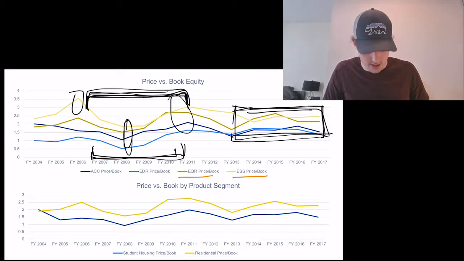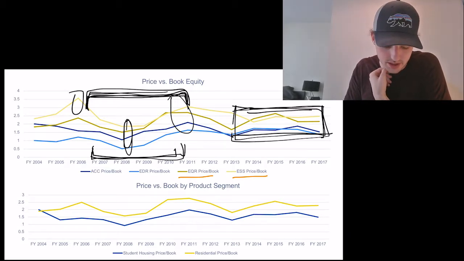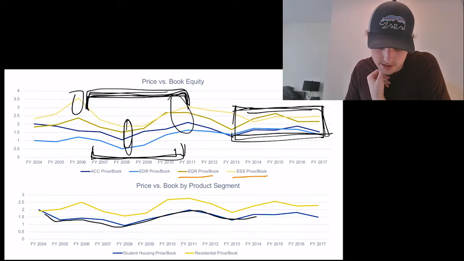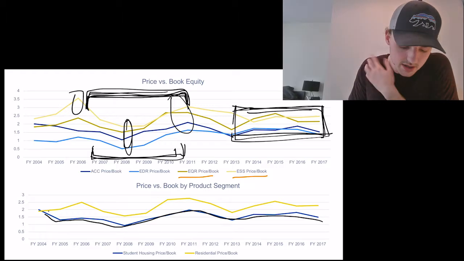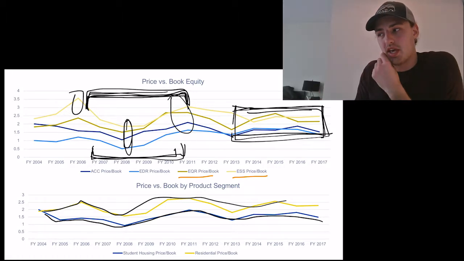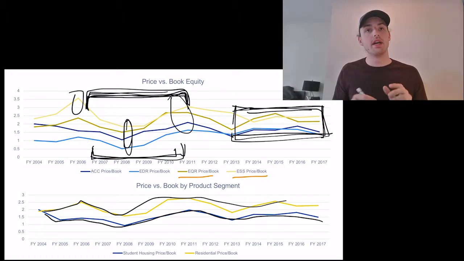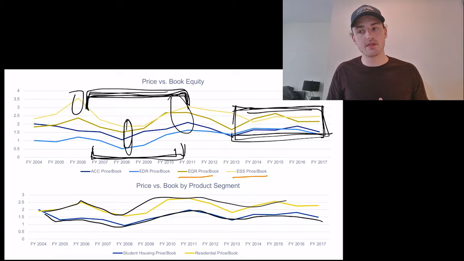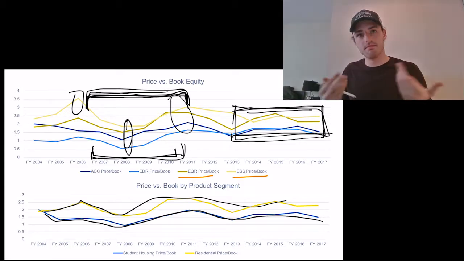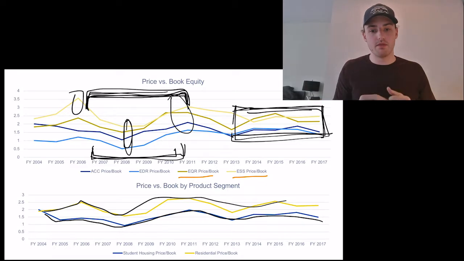And once again, that's quite important because it gives us an indication that yes, student housing does seem to be more reasonably priced from a price to book, although it's still high, than residential, which is congruent with my investment thesis that student housing is a safer investment class because it's more soberly priced through income-based approaches, and it has less vacancy risk, or it's less speculative.